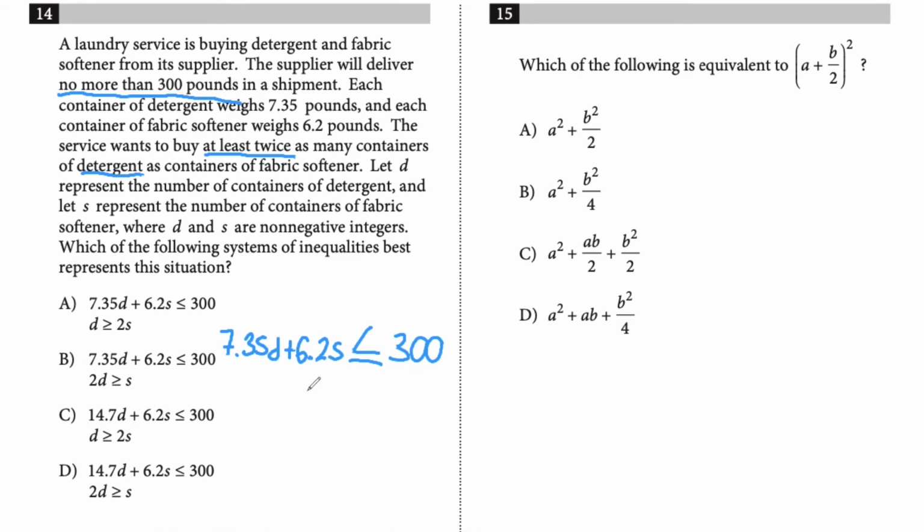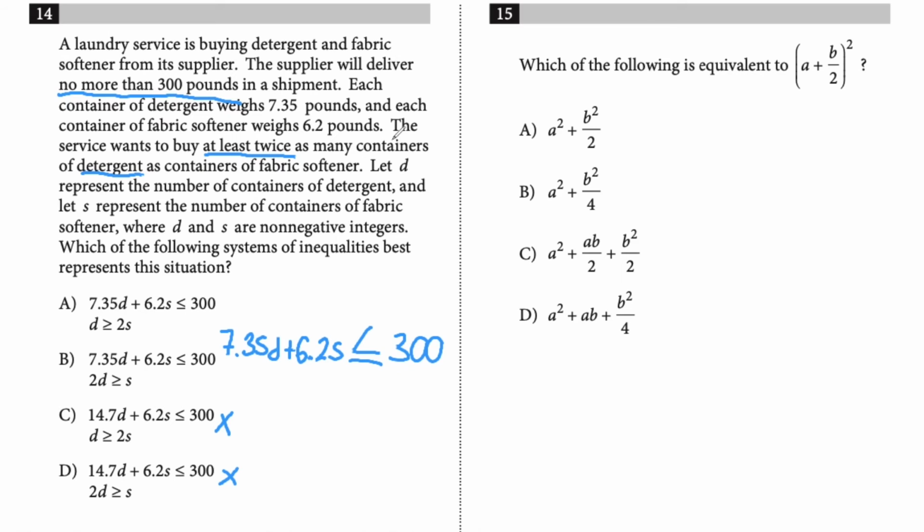And then this will be the first equation. So A has this equation. B also has this equation. C and D both do not have this equation. They have 14.7 D and 6.2 S.